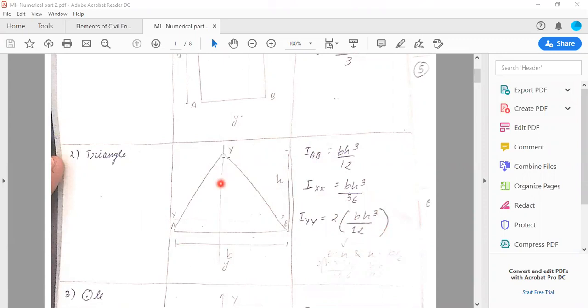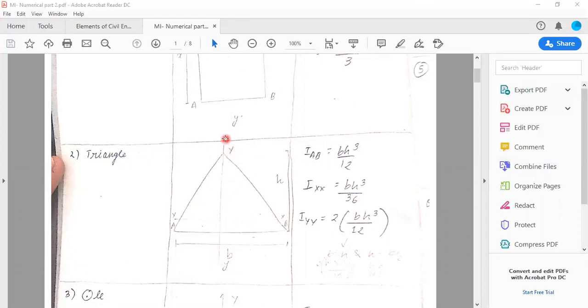Iyy is about this axis. When I divide this triangle along this axis, I get 2 triangles. This is one triangle and this is another triangle. In this triangle, this becomes the base and this is the height. Similarly, this is the base and this is the height.